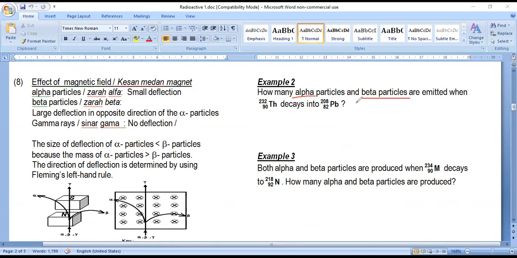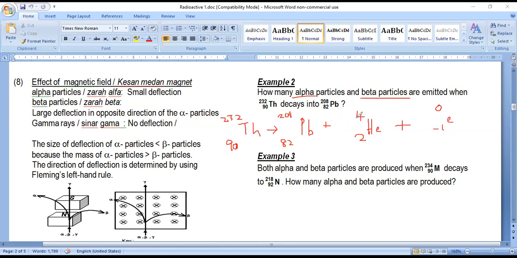So first you write the equation: thorium 232, 90, decays into plumbum 208, 82, and then an alpha particle and also a beta particle.